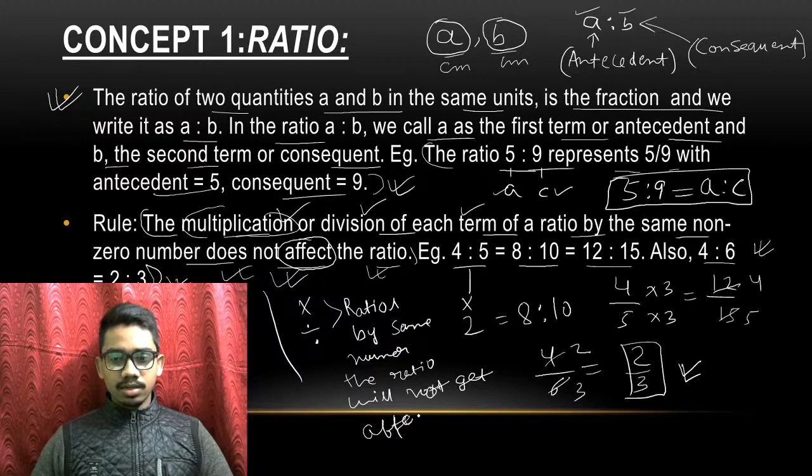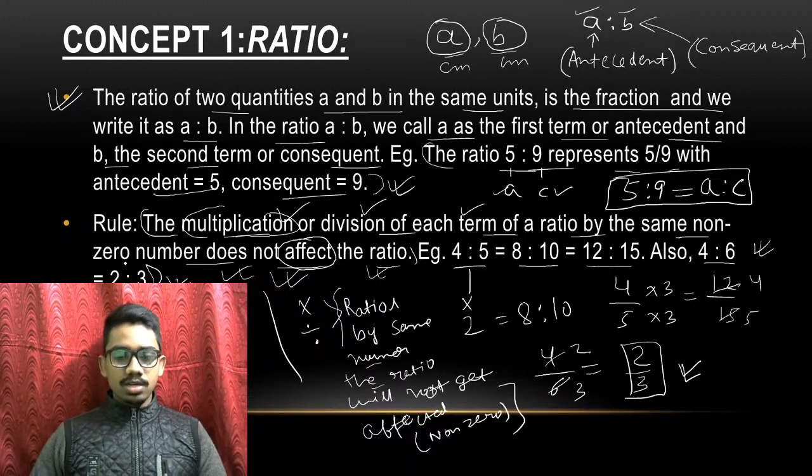Condition: the number should be non-zero. The number should be non-zero. Ratio: if you multiply or divide the ratio by a non-zero number, the ratio will not get affected. Clear, guys? So I hope this thing is clear.